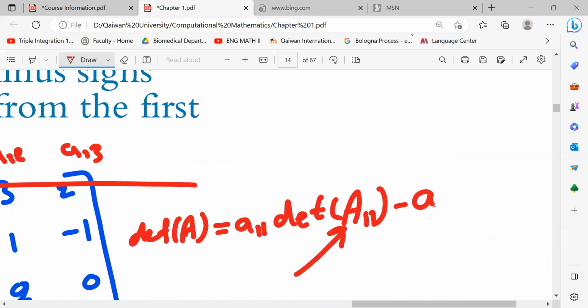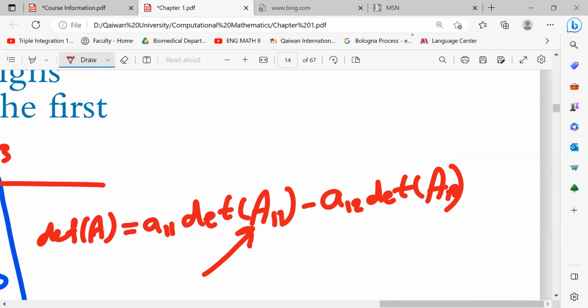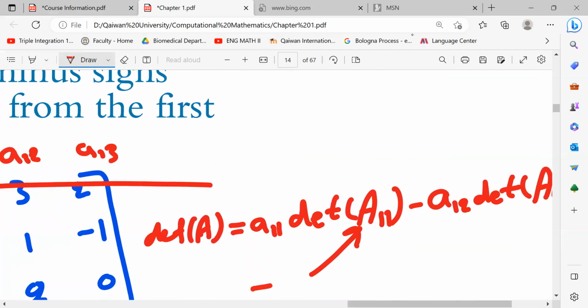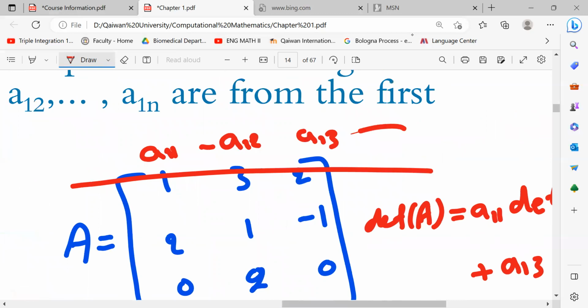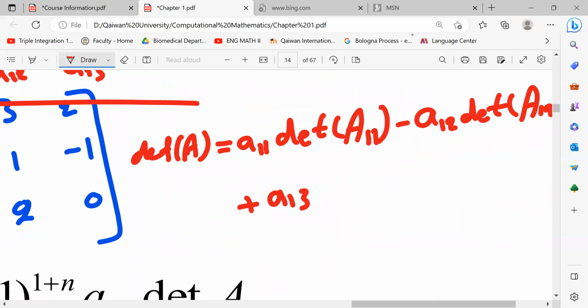Minus A12 times determinant of capital A12. Then plus, the third one is plus, A13. Look, we took the first row. A13 multiplying by the determinant of the submatrix of A13.